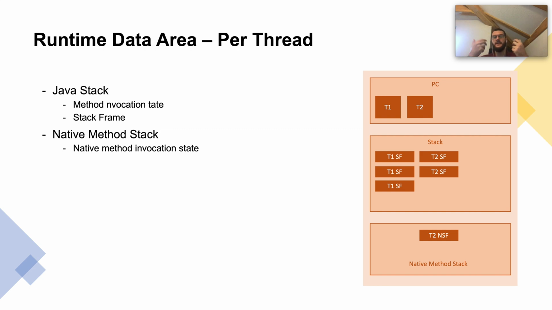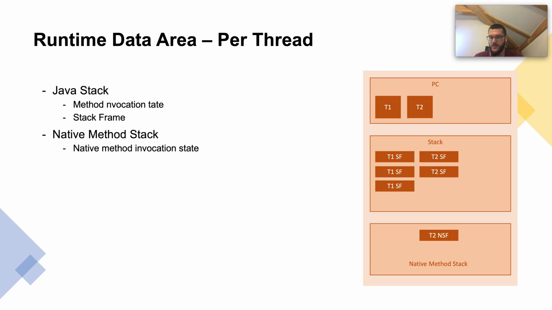So when the native method stack is called from Java, the Java stack frame will simply point to the native stack frame. So here, in this picture, the last frame or the top of the T2 stack will point to the T2 native stack on the native method stack.